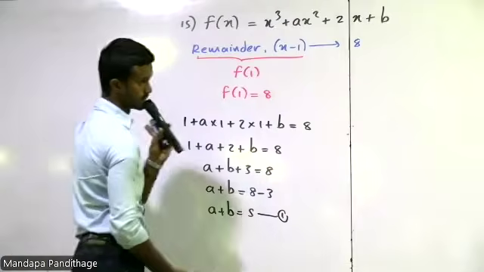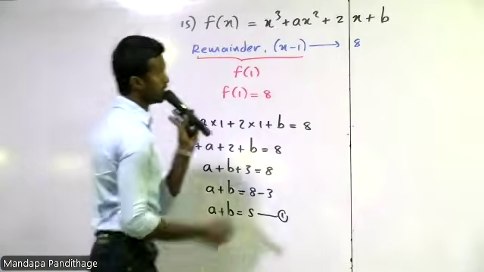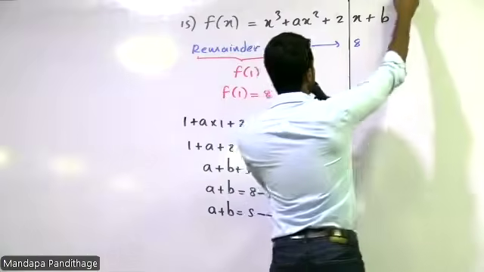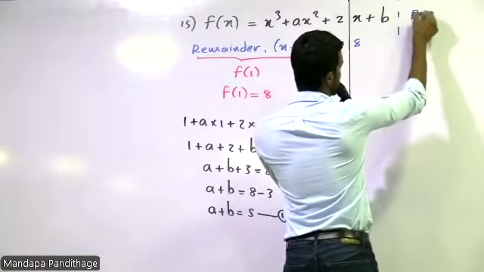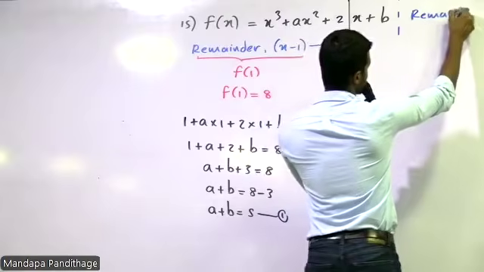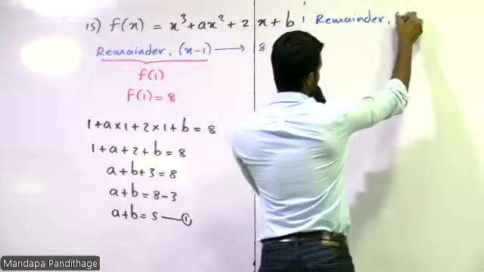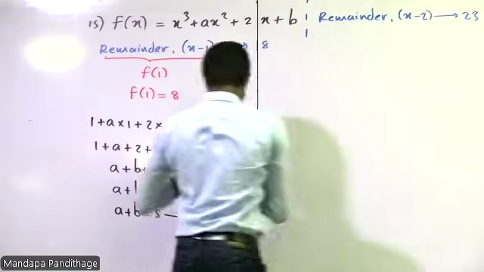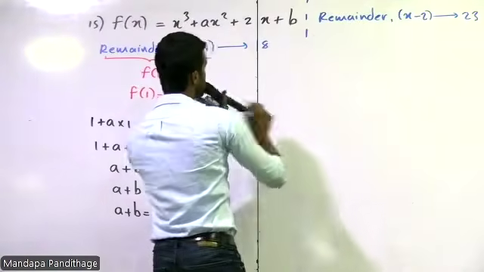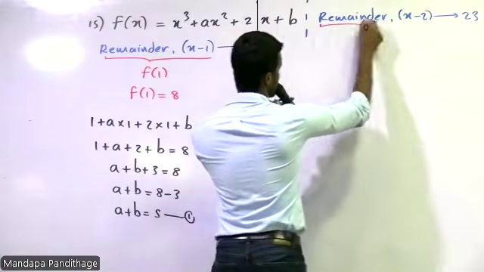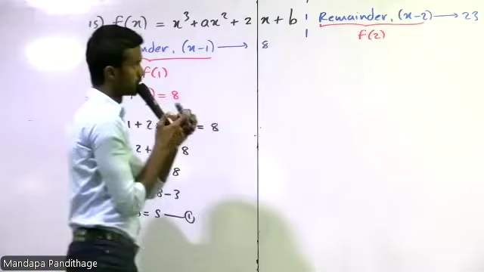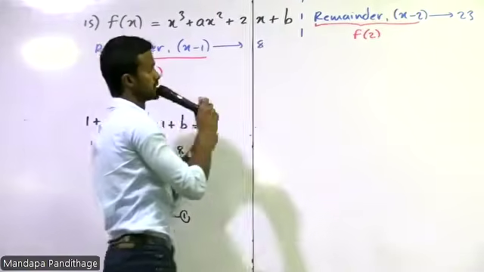The second equation you can consider is the remainder when divided by x minus 2. The remainder when divided by x minus 2 is 23. The remainder when this is divided by x minus 2 is f2, no? Okay, so then I know f2 is equal to 23.